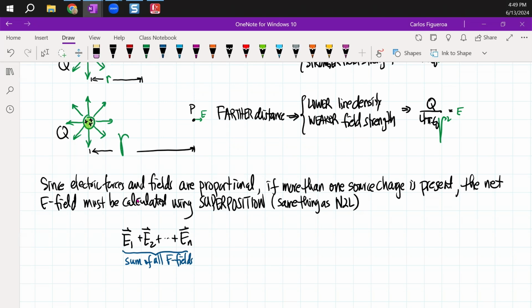And let me be careful, all individual E fields. What superposition says is that I can replace all of these with a single electric field. And so what this is telling me here is that this guy right here is a single resultant.